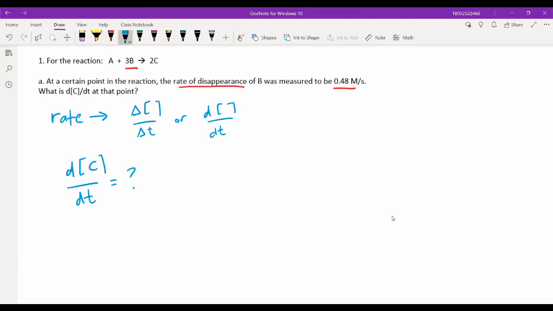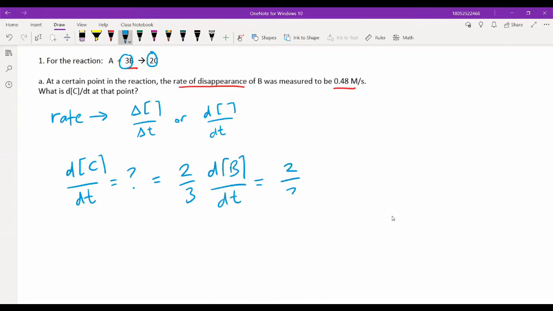And what we know is that this chemical reaction has these balanced coefficients. And based on stoichiometry, the rates of change of reactants or products won't always be the same because of stoichiometry. So what we can do is basically say that the rate of change of C is, if we look at these, going to be 2/3 the rate of change of B. Again, just assuming all positive values.